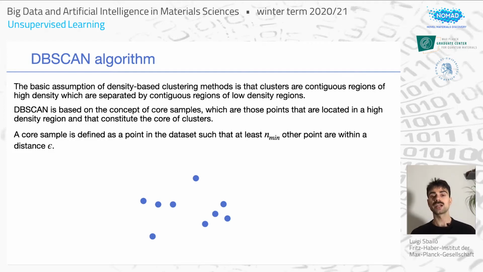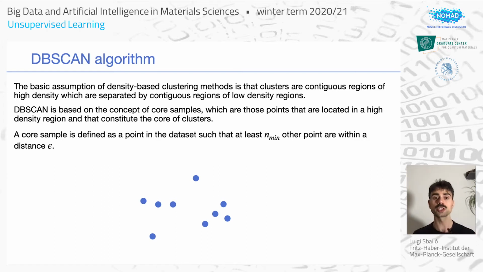We will come back again with a sketch, as before, a two-dimensional example, where we can see how this algorithm works. The basic idea of DBSCAN is that there are some core samples, and the core samples constitute the core, the basis of clusters.